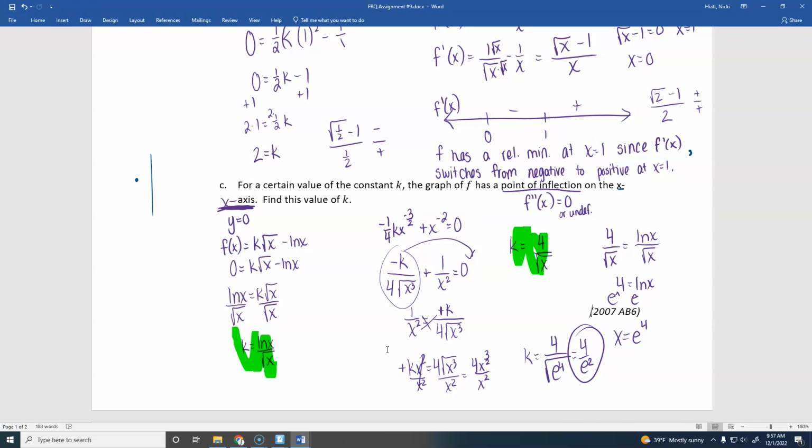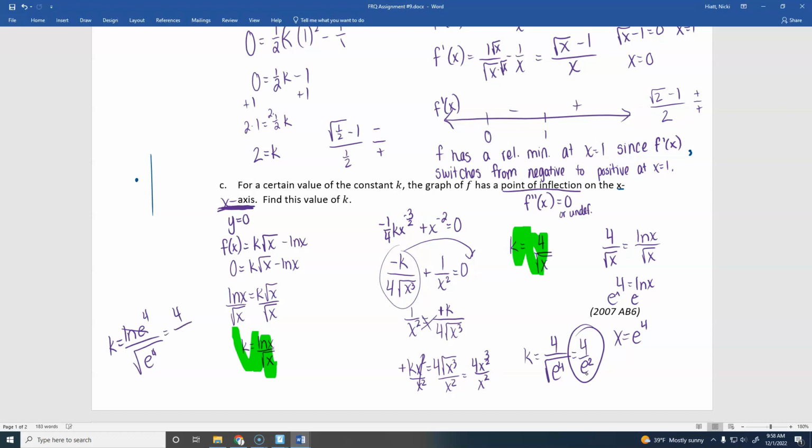Question, Raven? You can plug it into either one of these equations for k. I just used this one because it looked more simple to me, so I got 4 over e squared. If you plug it in over here, you get natural log of e to the 4th over the square root of e to the 4th, and so natural log and e cancel.